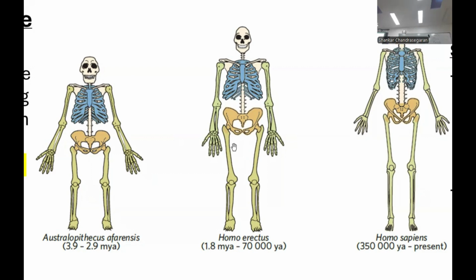Throughout the evolution into the genus Homo, you can see that their arms are starting to decrease in size compared to their legs, which are increasing in size. That's why they say the arm to leg ratio was decreasing, right? And at the very end, we have Homo sapiens. You can see that there's a significant change compared to the Australopithecus, where our legs have increased much more, and our arms have somewhat reduced as well.